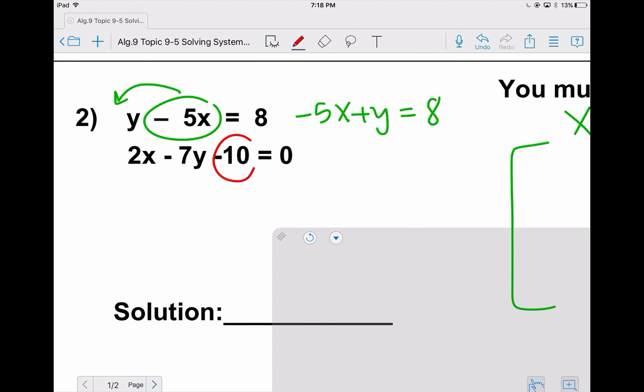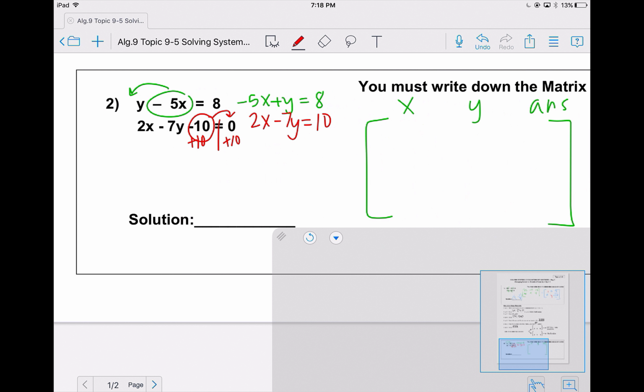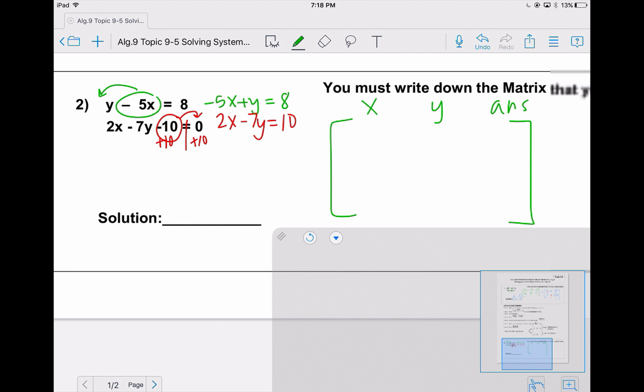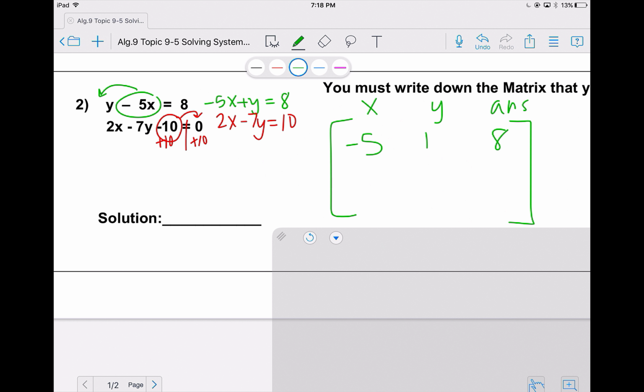On the bottom, I have an extra number, so I'm going to move the 10 to the other side by adding it. The 2x and the -7y stay, and then I move the -10 to be a +10, which will make a difference in my answer. So now I can fill in my matrix because I have x, y, answer, x, y, and answer.